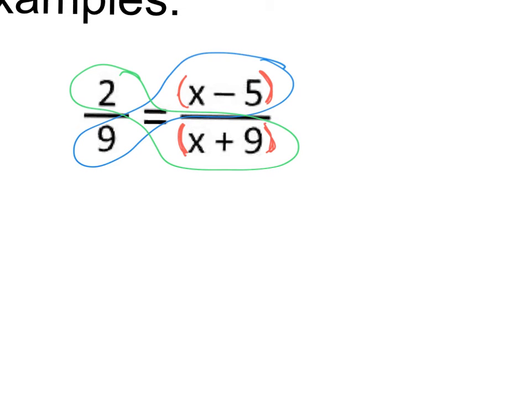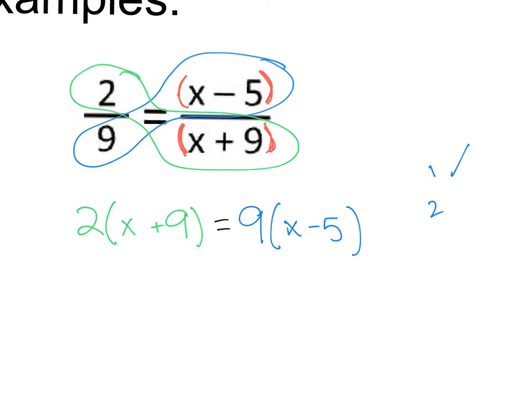So we have 2 times the quantity, these stay together, x plus 9, equals 9 times the quantity, it stays together, x minus 5. So that's step 1. We've cross multiplied. Step 1, check. Step 2, distribute if needed.